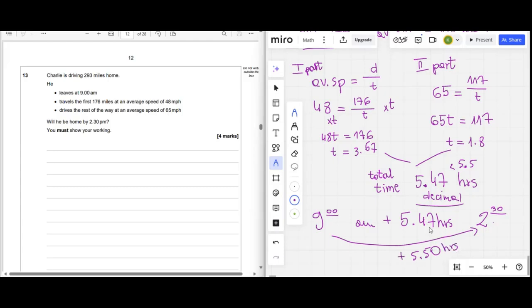Yeah. 0.47 out of 60 is around 28 minutes. And to get this, you can multiply 0.47 by 60 minutes in the hour. So yes, he will be home by 2:30.